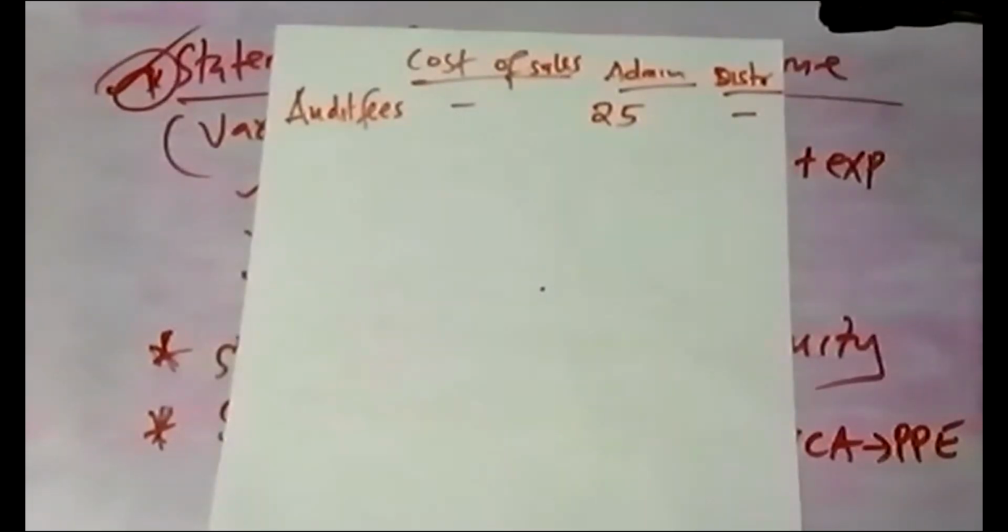Once you are done with the additional information, go back to the trial balance and check another expense which we have not included in the classification.